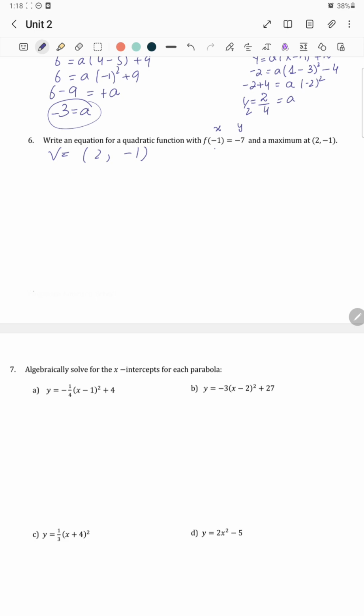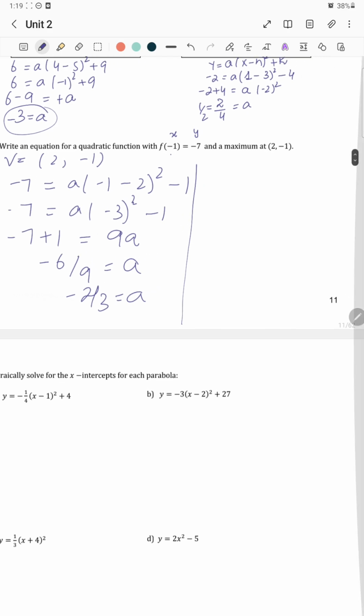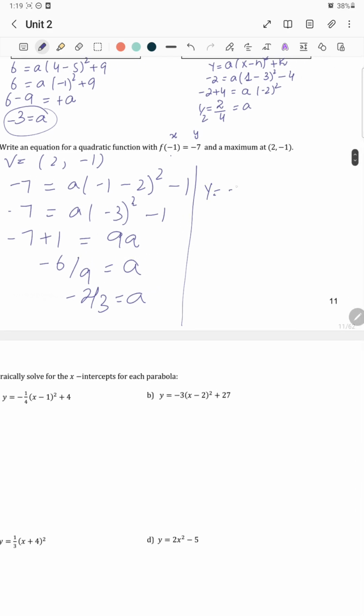We can find a: minus 7 is equal to a(minus 1 minus 2) whole square minus 1. Y is equal to minus 2 by 3 (x minus 2) whole square minus 1.